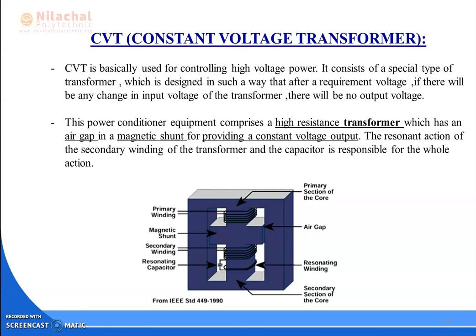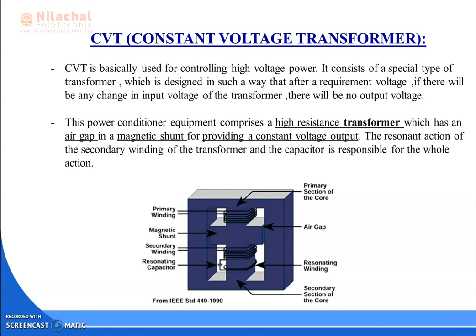The CVT contains a special type of transformer which is designed in such a way that after receiving a constant amount of voltage, that is our requirement, or we can say the required voltage, if there is any change in the input voltage of the transformer, there will be no change in the output voltage.